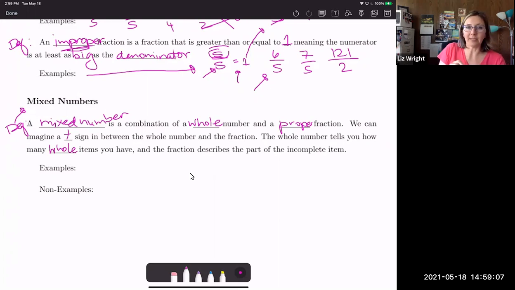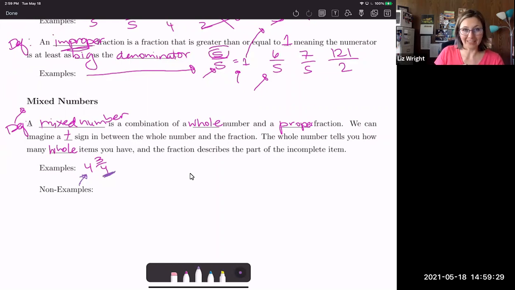So here are some examples. We might have something like 4 3/4. And again, what it tells you is that our mixed number is a combination of a whole number and a proper fraction. So you should always look at that and say, is this a whole number? Yep. Is this a proper fraction? Is the numerator less than my denominator? Yes.